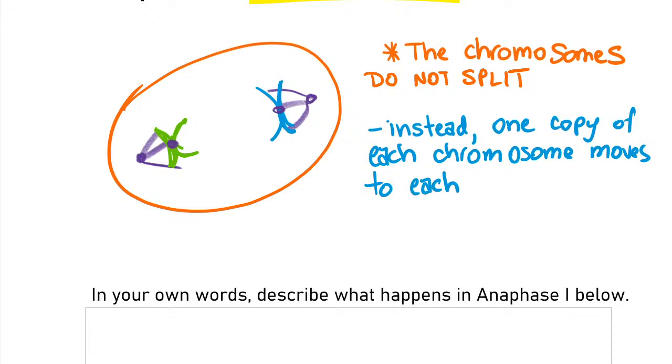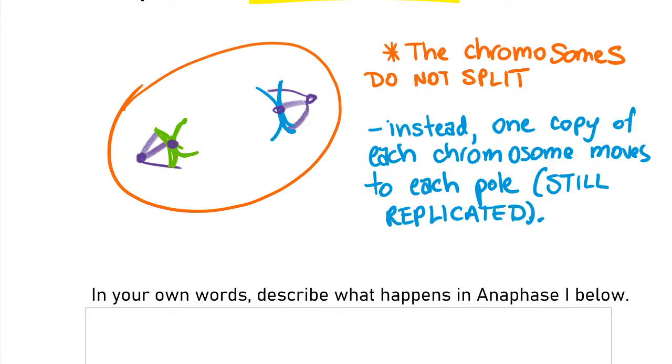And unlike in mitosis, where because they split, they're no longer replicated, these are still replicated. They are still stuck to an exact copy of themselves. So we have over here a chromosome and the exact copy of that chromosome. We have over here a chromosome and the exact copy of that chromosome. But interestingly, this one is different than that one. So we have different chromosomes on opposite sides of the cell, and that is a big difference.